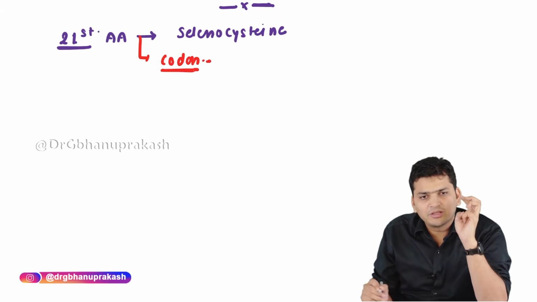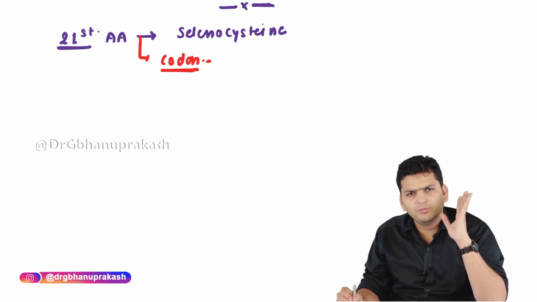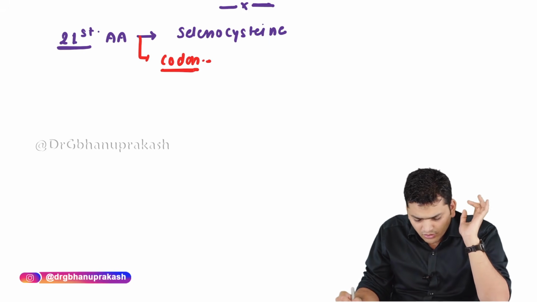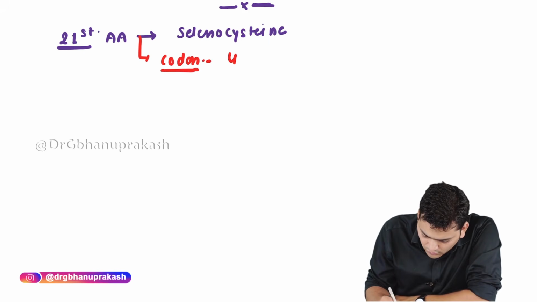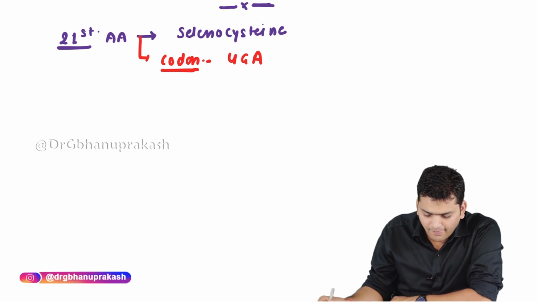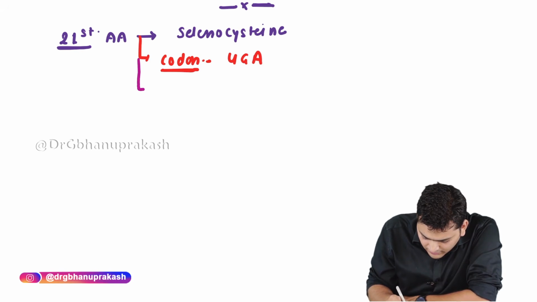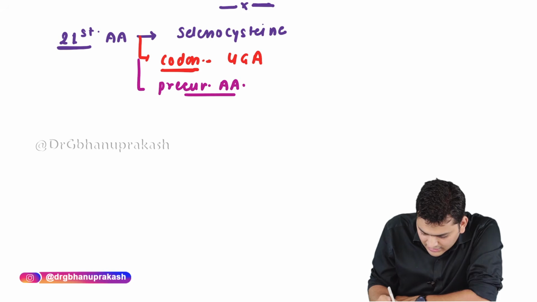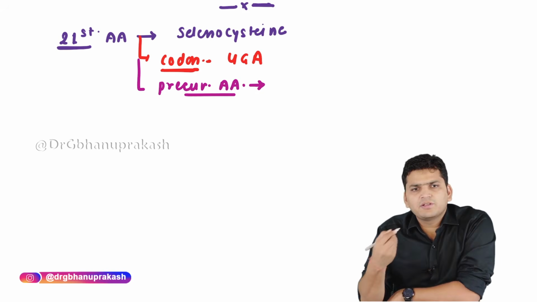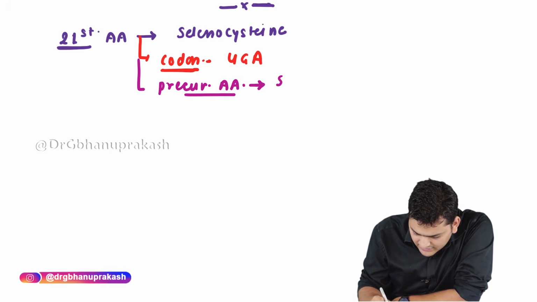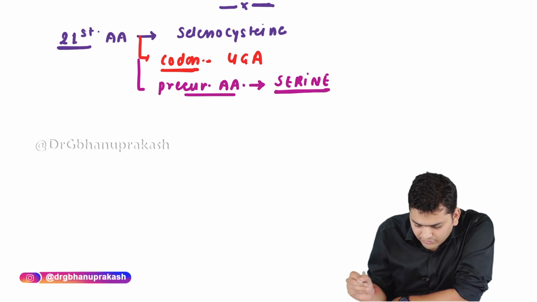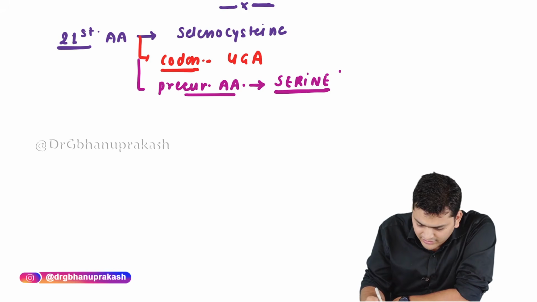We have to remember only 3 codons. One I have already told you, methionine, that is AUG. The codon for selenocysteine is UGA. If they ask what is the precursor amino acid, meaning selenocysteine is synthesized from which amino acid? The precursor is serine. Serine will ultimately convert into selenocysteine.